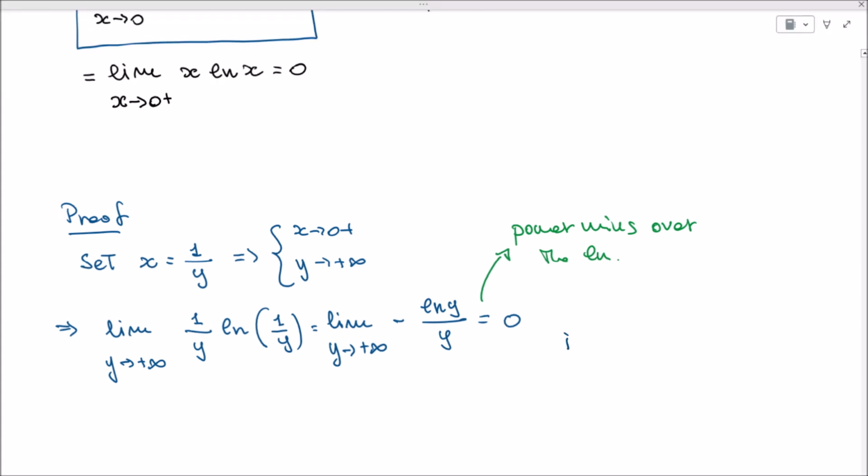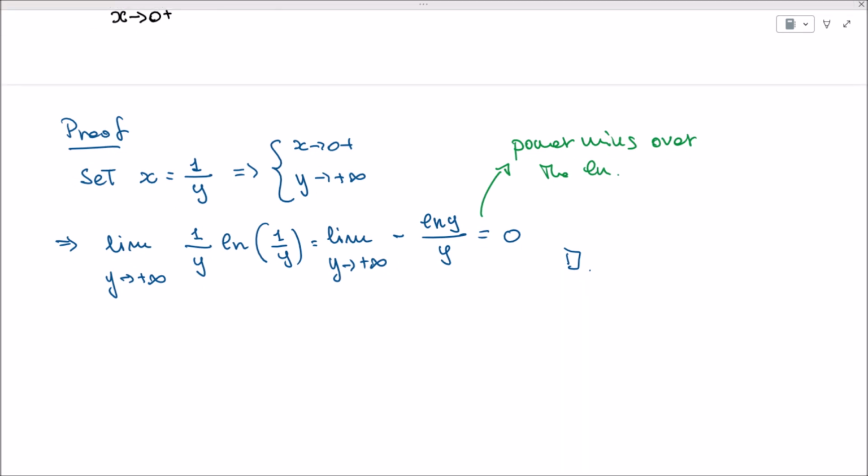This concludes the proof. We can generalize this result. Okay, we can say that in general, the limit as x goes to 0 plus, in the previous limit we had x, but we can say x to the a, okay, and this is for every a larger than 0.